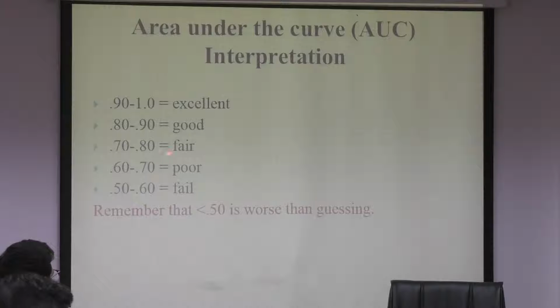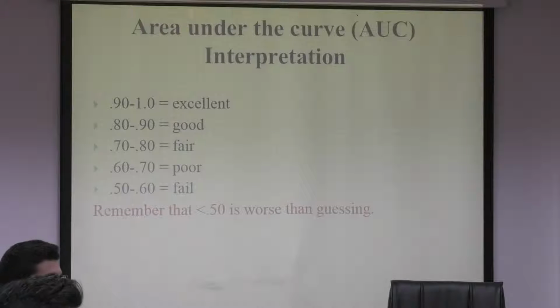Nevertheless, I can find you another reference which tells you above 0.7 is excellent, 0.65 to 0.7 is good, and so on. So really, the cutoff points for how good they are depend on different contexts, and you might find different references. From my experience, whenever you write a paper and you report on area under the curve and you say, I found a 0.72 and I consider it good, the reviewers will ask you, what is your reference for that?